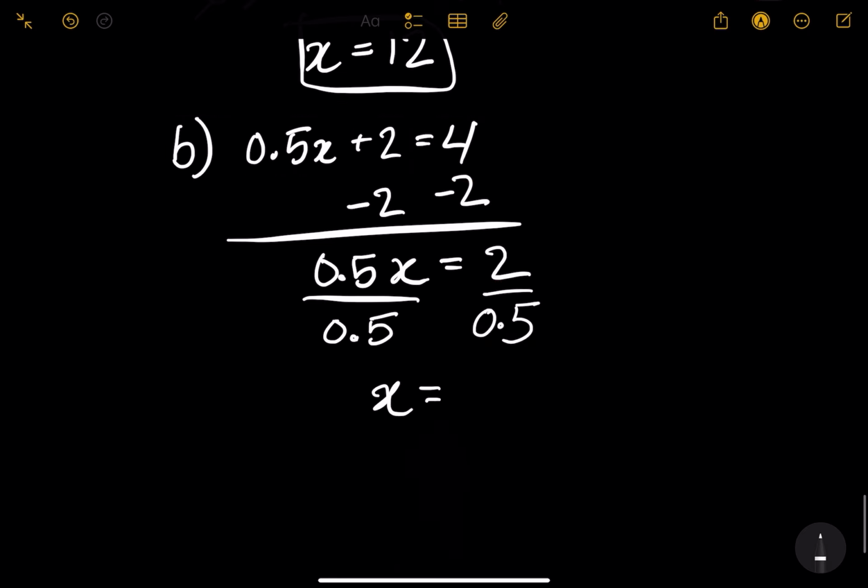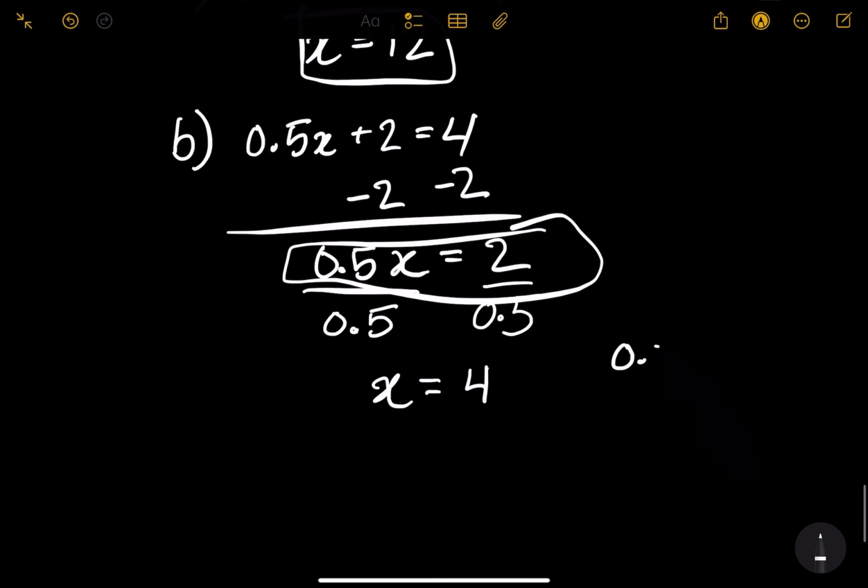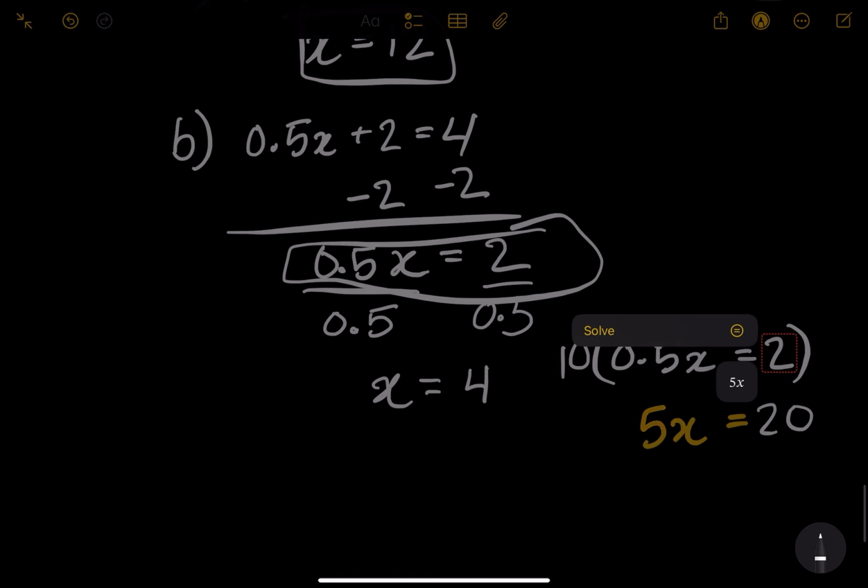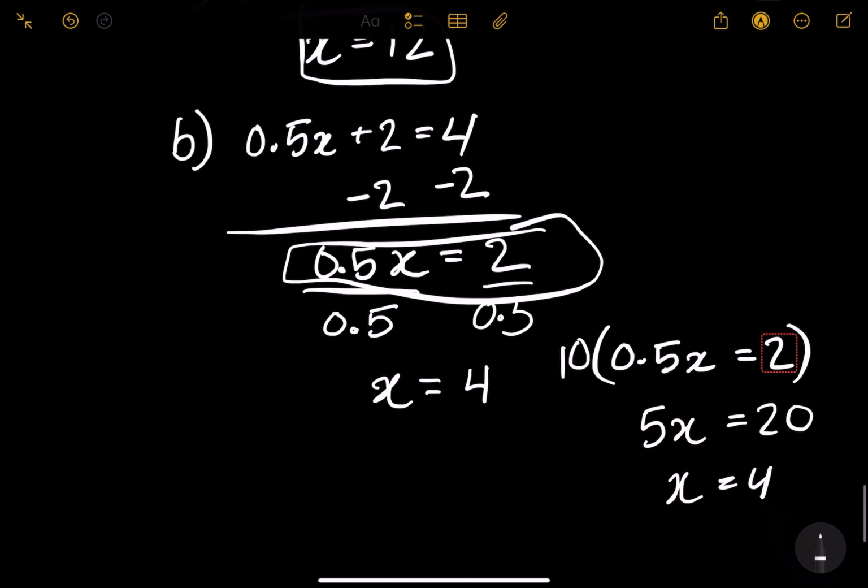And then x is equal to 4. Another way we can solve this, if you don't want to deal with decimals, is to multiply 0.5x is equal to 2 by 10, and then we get 5x is equal to 20, and we still get x is equal to 4.